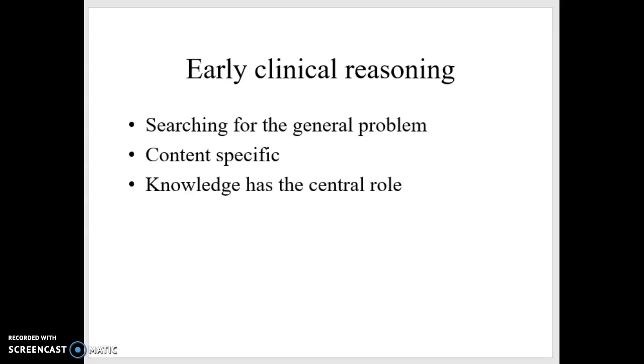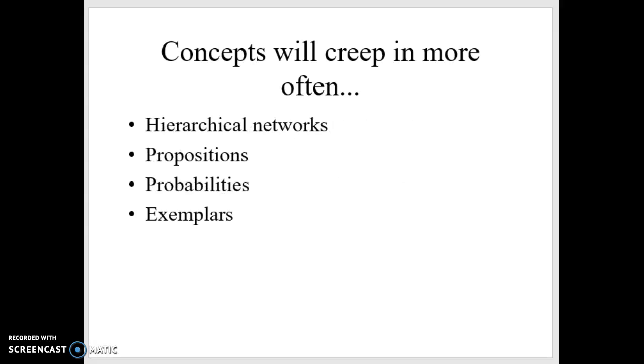So it's very important. It seems redundant to you that we go over and over certain things in nursing school. But the reason that we're doing that is because we know that this knowledge base that you have is the foundation. It's fundamental to everything that you're going to do. As you move through, the concepts that we're teaching you in this concept-based curriculum will creep in more often. You'll start to realize the hierarchical networks that occur.